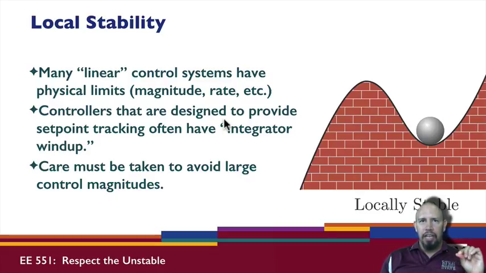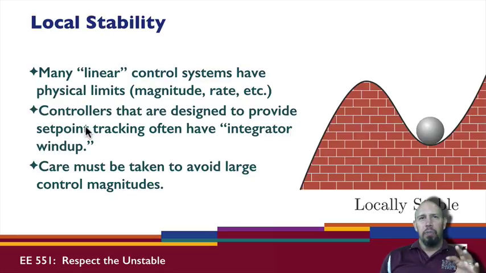If it starts to go away, the control signal just builds and builds. The integrator in a PID controller is very helpful in terms of providing zero steady state error, which is a steady state property, but it's not so good in the transient response.